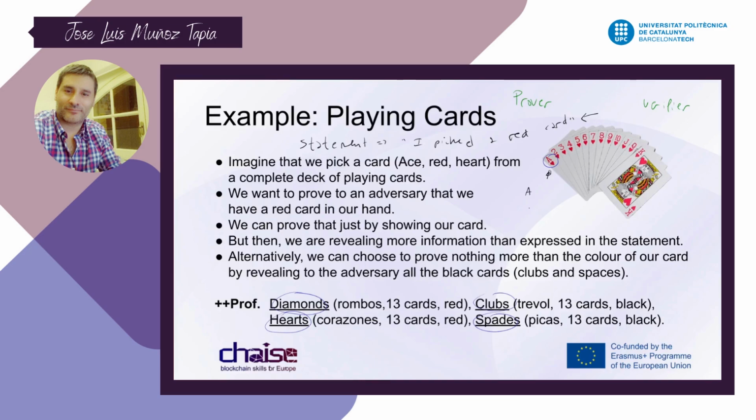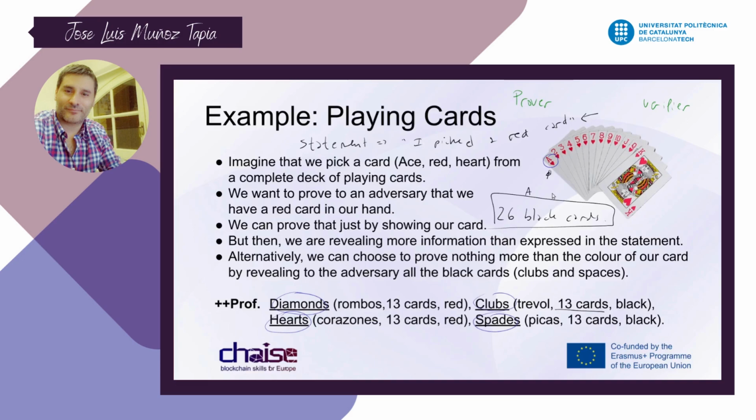We have 13 cards per suit, so if I show you 26 black cards, it means that all the black cards are in the deck. So the card that I have must be red. And I'm proving this with zero knowledge.